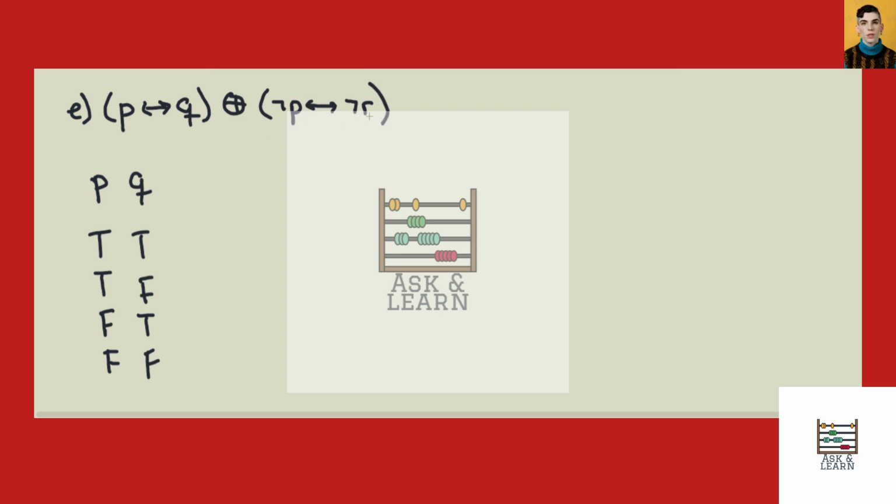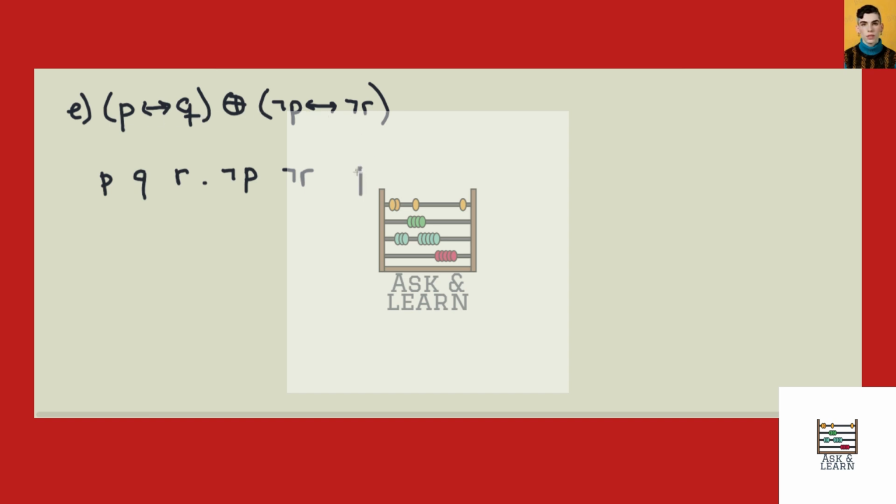So here we're introduced a new variable, which is R. So real quick, let's get rid of this, since now the combinations differ. So now we'll do P, Q, R. Since we're also using negation of P and negation of R, we'll do negation of P, negation of R, each compound proposition individually.